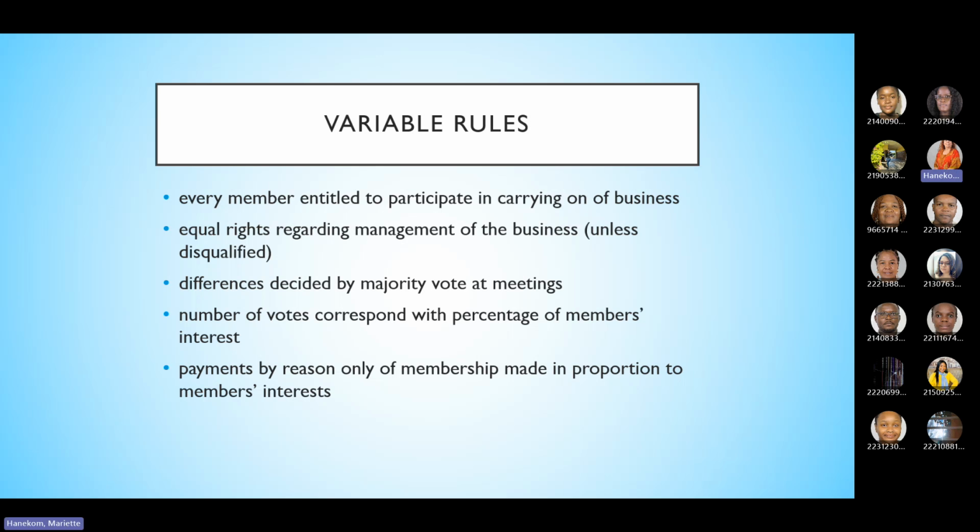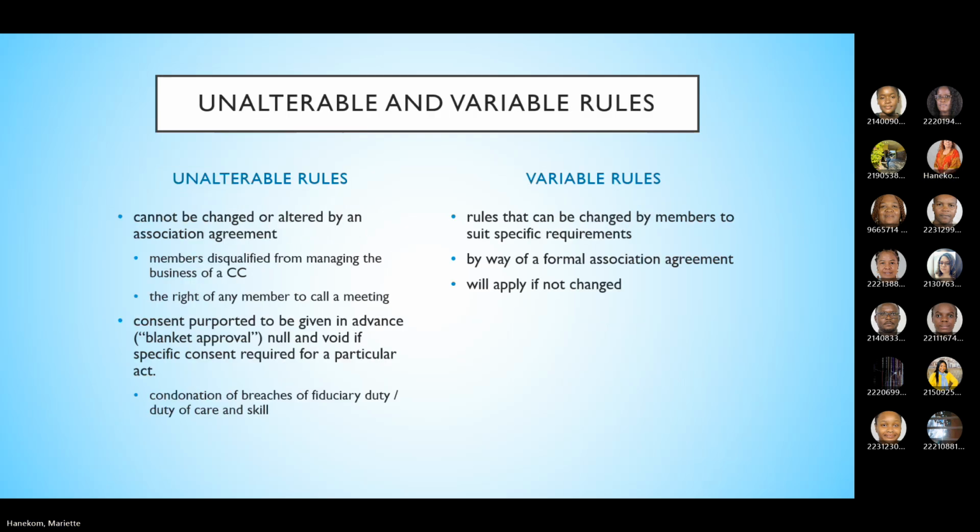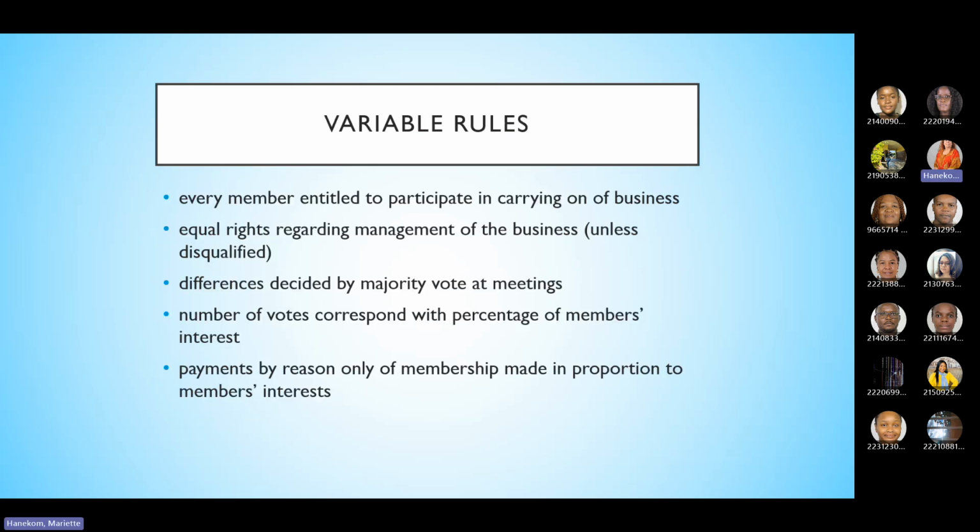Another variable rule, differences are decided by majority vote at meetings. That's the default position. Related to this, the number of votes correspond with a percentage of the members' interest. So both of these relate to meetings. Our unalterable rule is the right of any member at any time to call a meeting.